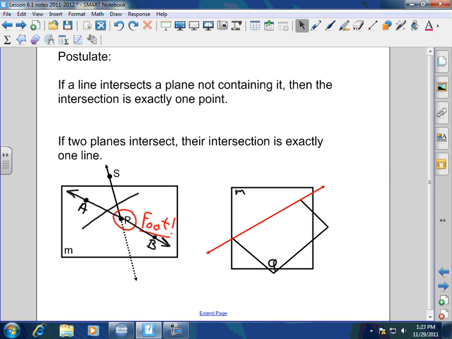Are the ceiling and the wall connected at a dotted line, or do they connect at a real line of real points? It's not a dotted line.